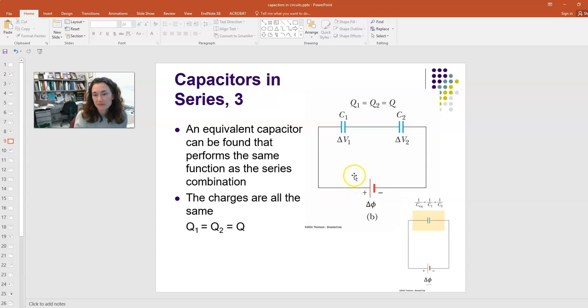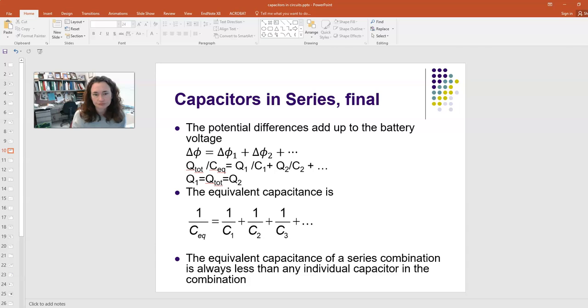So these two respective voltages, when added together, must equal the total voltage drop supplied by that battery. So delta phi total from the battery will equal delta phi 1 plus delta phi 2.